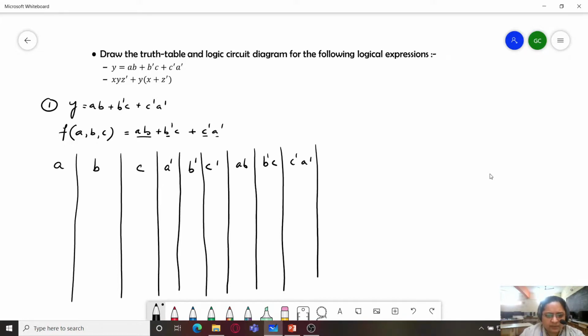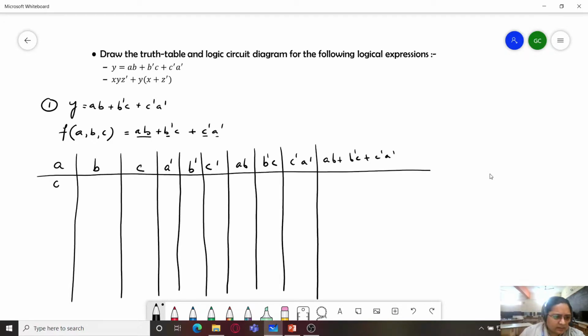And finally, we would be writing the sum of all: AB plus B dash C plus C dash A dash. Now we are just writing the combinations.